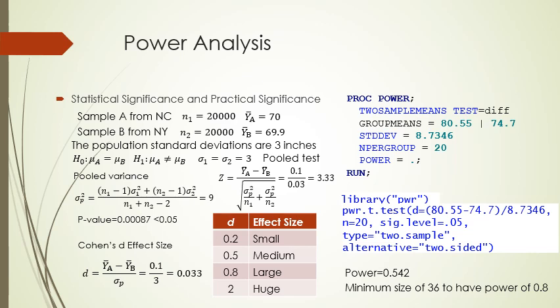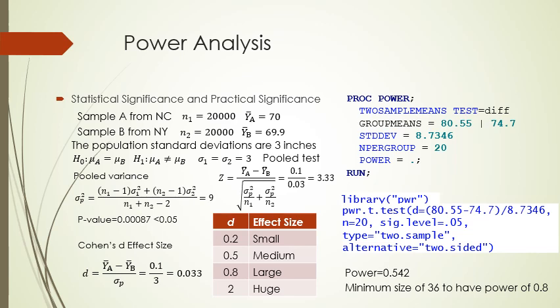Previously, we learned how to calculate the power analytically. In practice, we often use the software to do the calculation. Here we use SAS and R. In SAS, we may use proc power to conduct a power analysis. We use the example in the last slide. The two samples each have 20 observations.